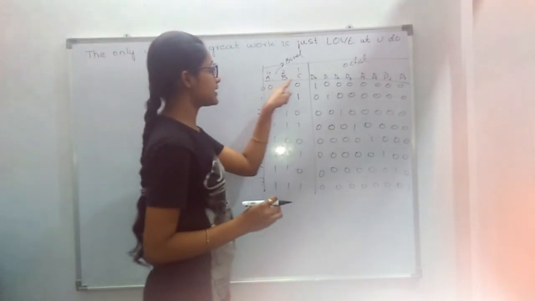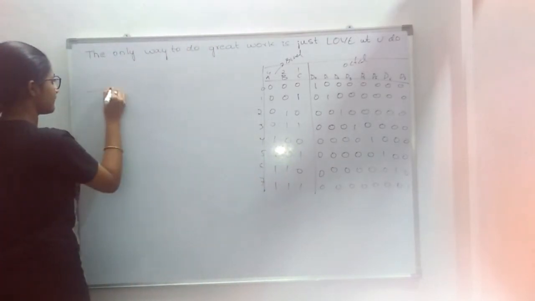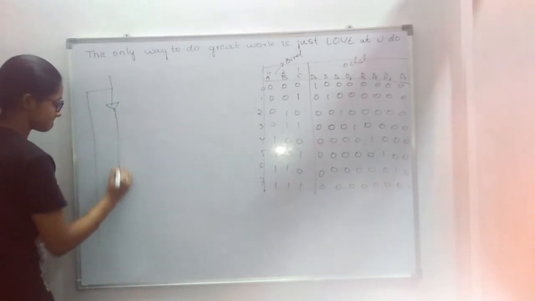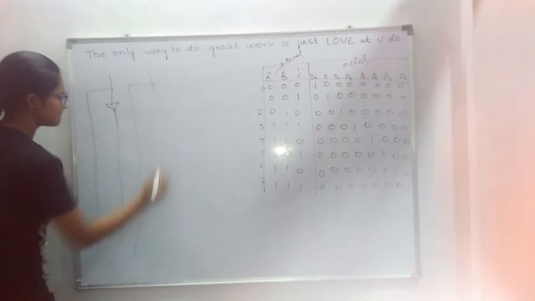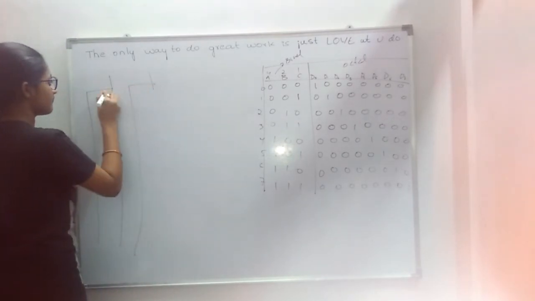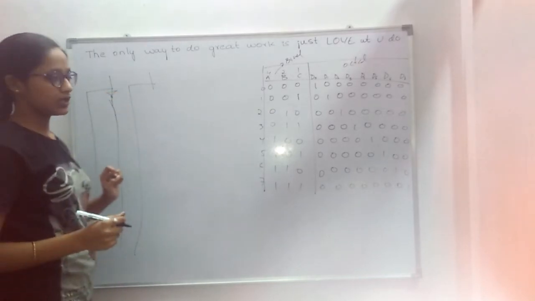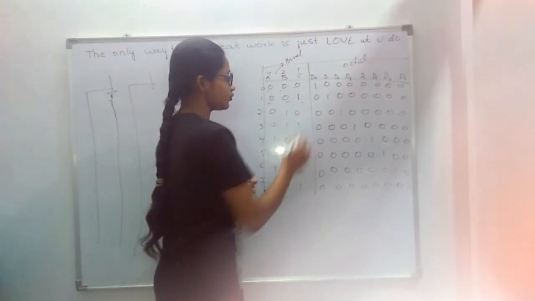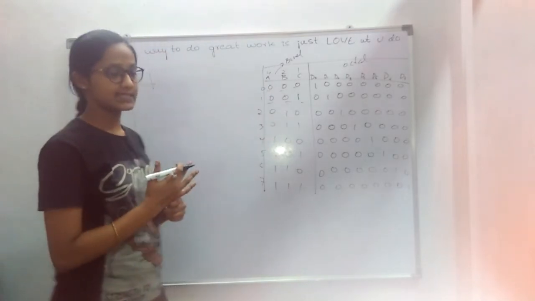As we have A, B, C, we have to take 3 variables, and they should be given to NOT gates, where if you would like to get the zero positions, you have to do inversions. So for that case, we have to take NOT gates.